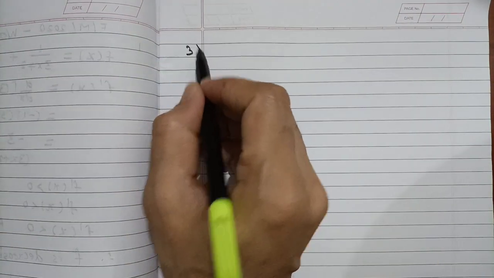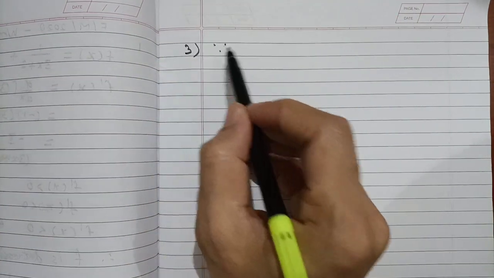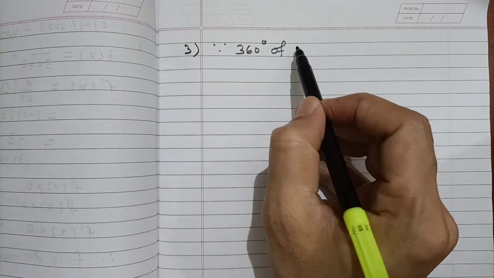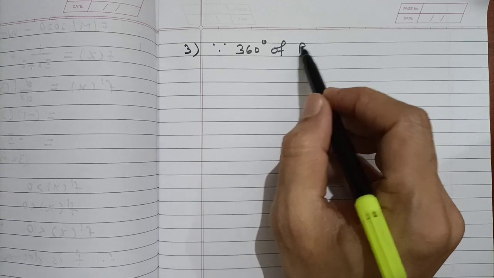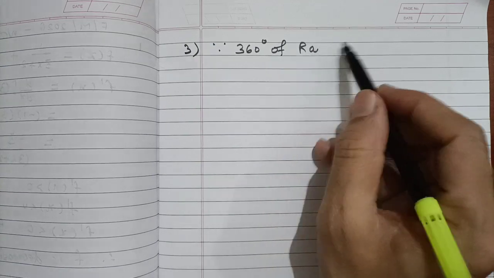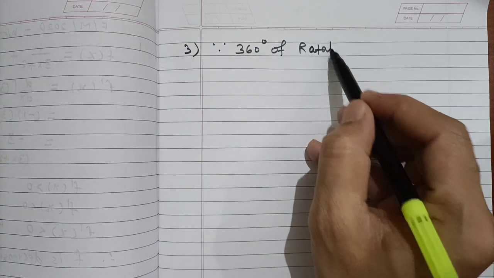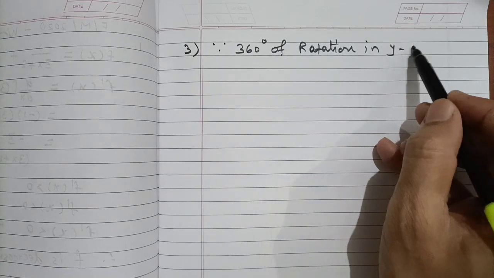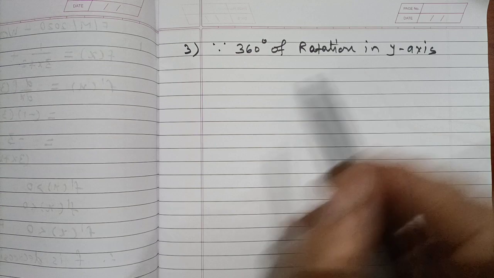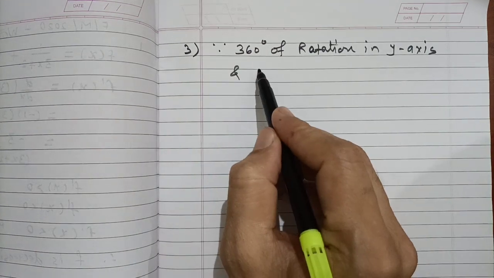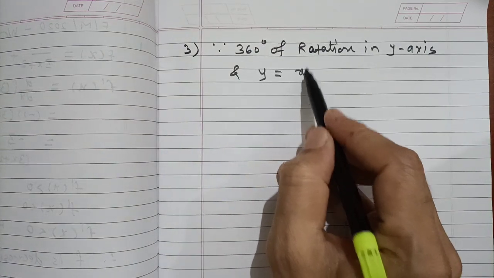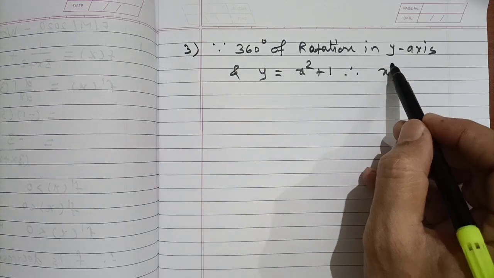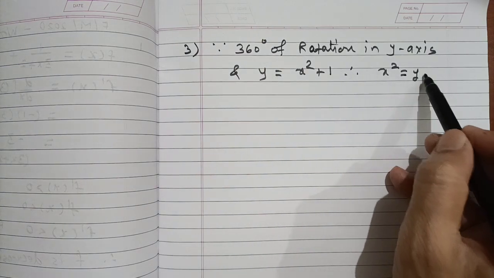So in this case, since 360 degree rotation about the y axis is given, and also y is equal to x square plus 1, therefore we can write x square is equal to y minus 1.